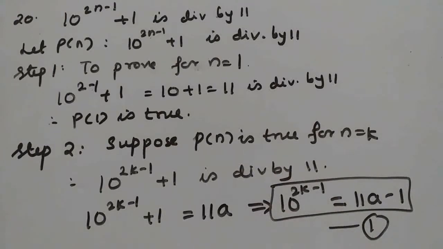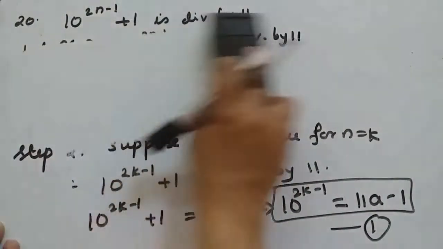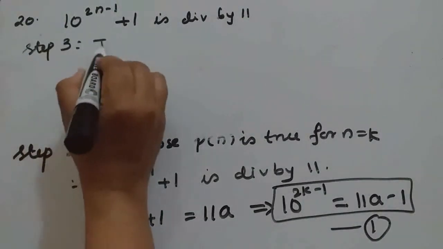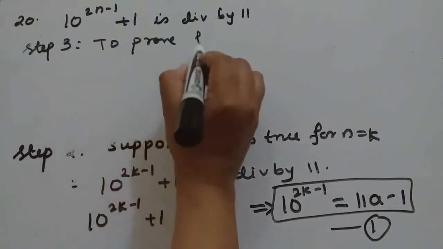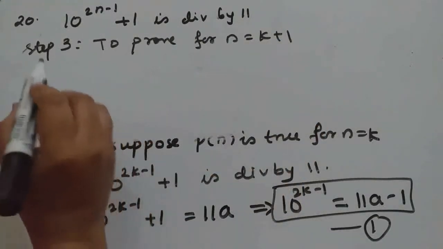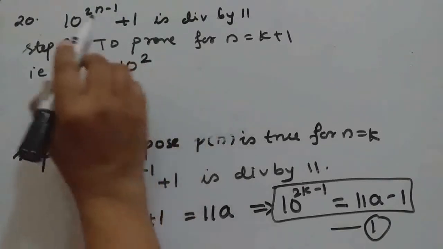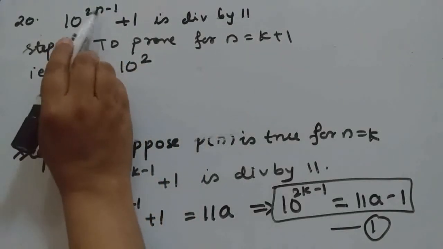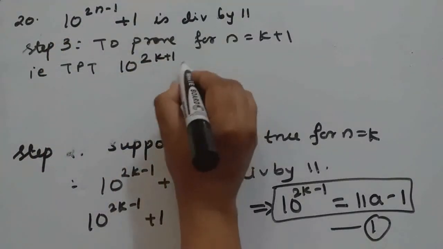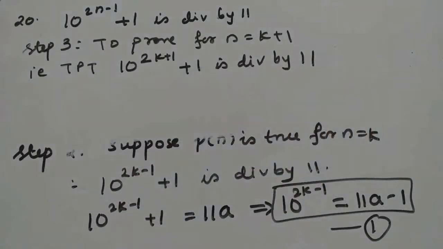Now step 3 is to prove for n equal to k plus 1. That is to prove that 10 power 2k plus 2 minus 1, which means 2k plus 1, plus 1 is divisible by 11.